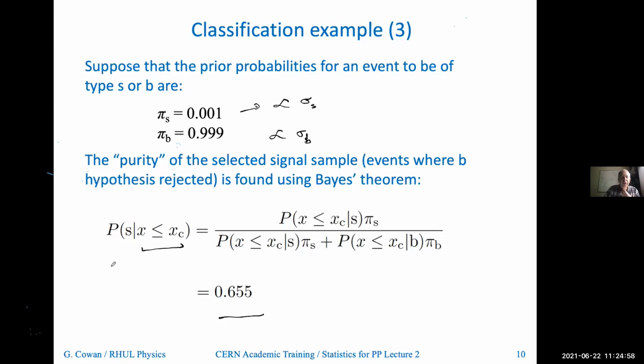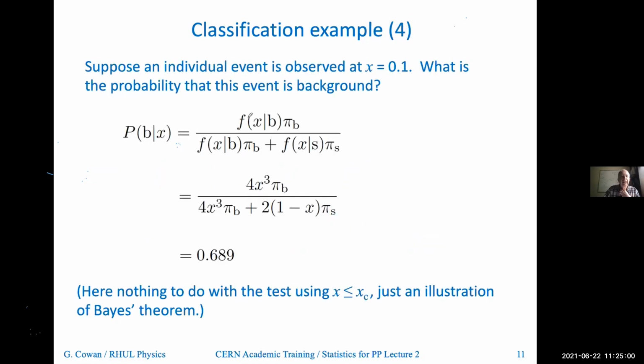And there's a related question, which might be the following. Let's suppose that you had an individual event observed at a specific value of X, and you wanted to know what is the probability that that individual event is a background event. So then again, you can use Bayes' theorem, but instead of having the probability to land in the critical region, what you would put is the PDF evaluated at the value X. All right, so we can also work that out.